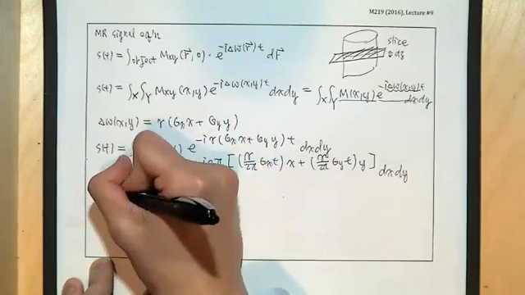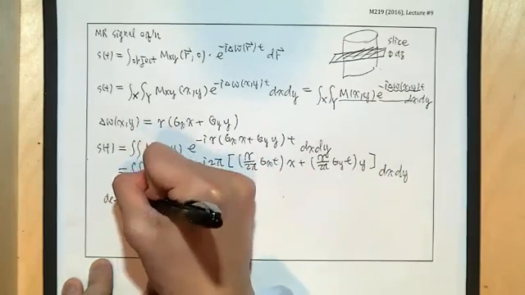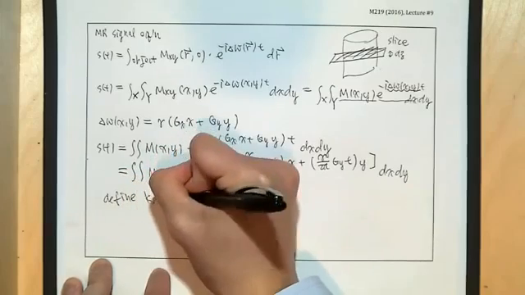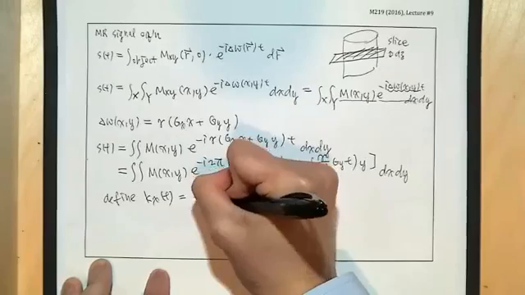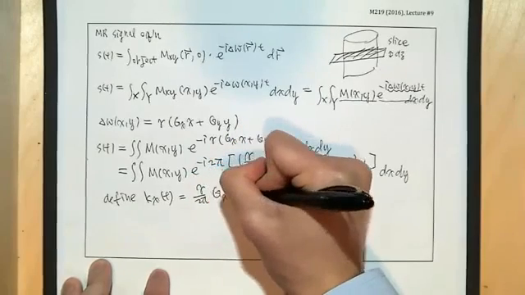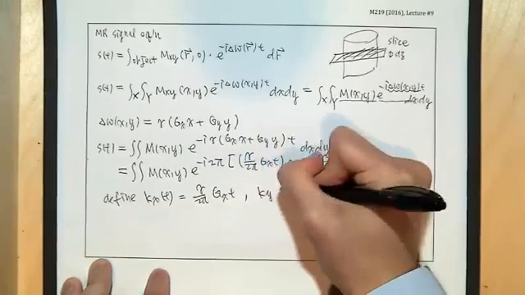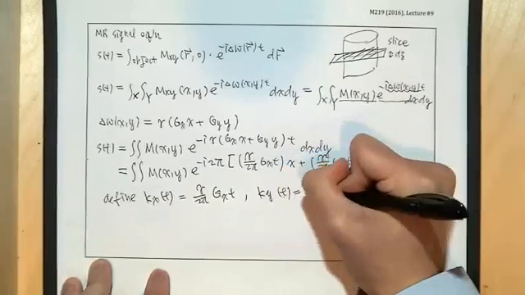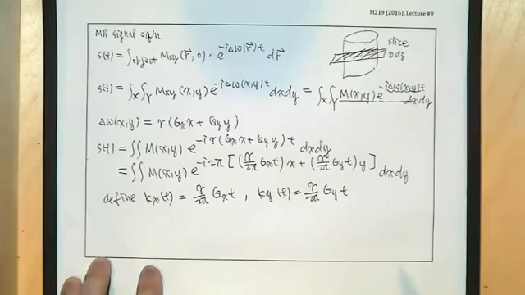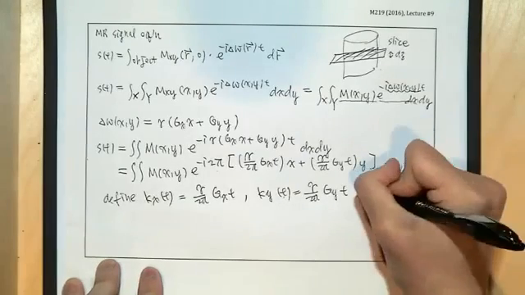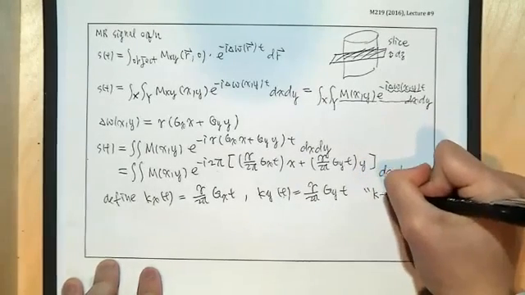Let's define this variable, kx of t. And it's kind of a giveaway since we've learned about kx. And this is actually known as k-space.